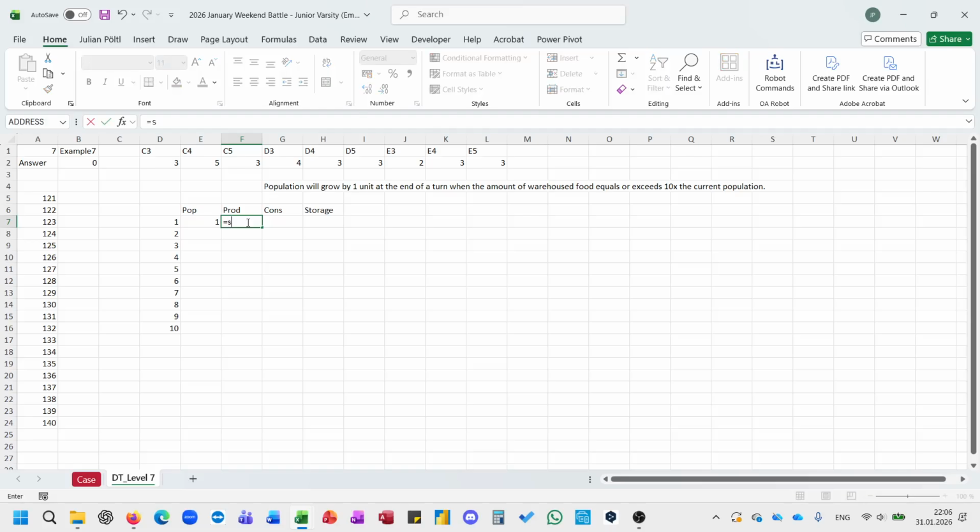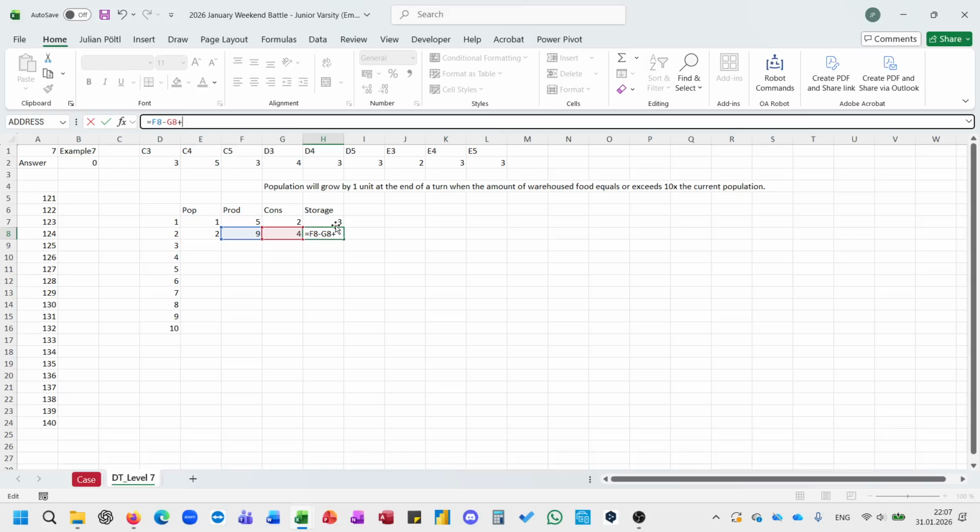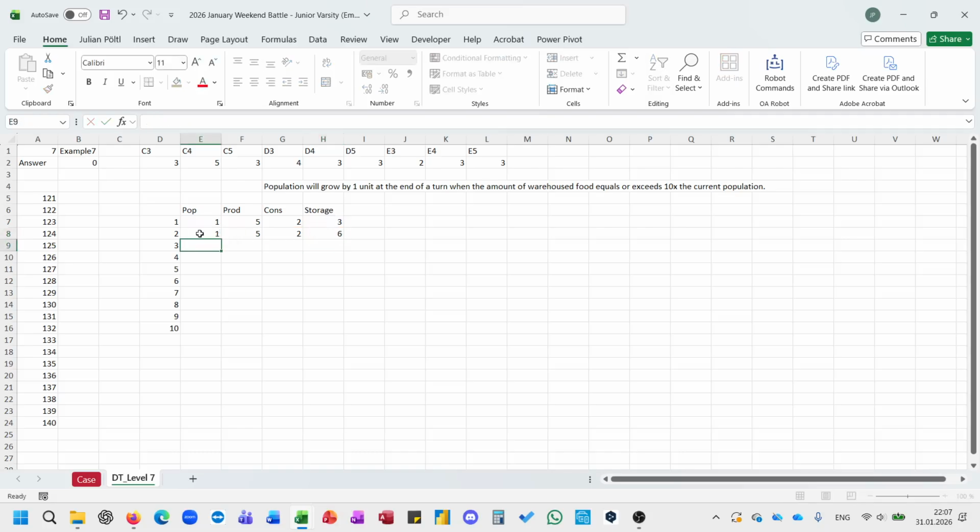It is producing some LARGE sequence equals population times 2. Storage equals this minus this. And yeah, plus this, but here we're starting with 1 person.